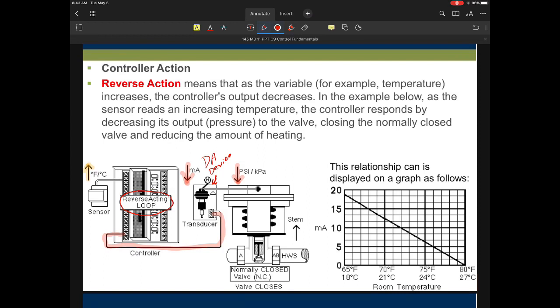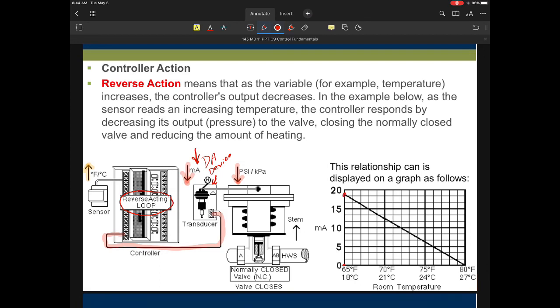So there are times that we have to look at what it is that we're controlling. Hey, what do I need to do? In order for me to get more output, do I need to provide a lower or a higher input on this?